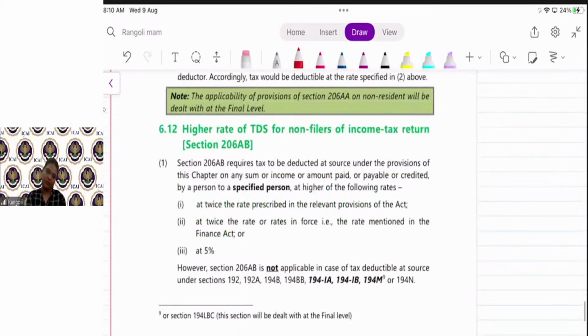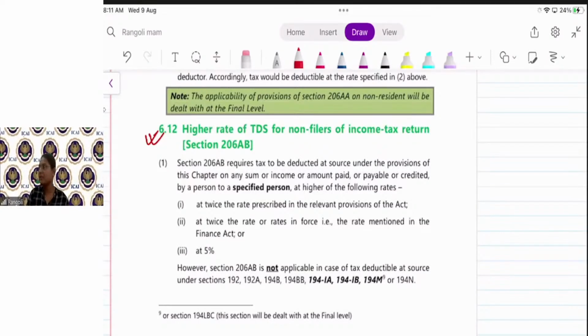Now this provision, the government introduced it two years ago. Say for example, if a person has not filed his return of income of last year and the due date of filing the return of income has already lapsed, and in last year his TDS is more than 50,000.